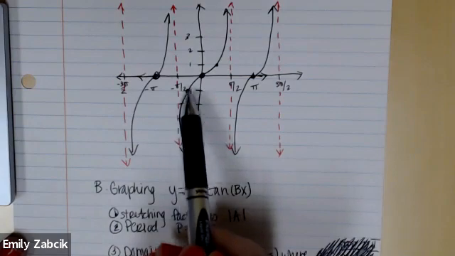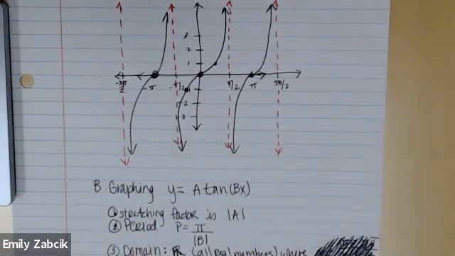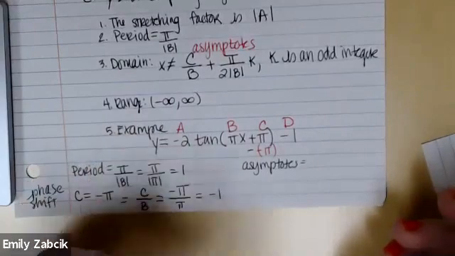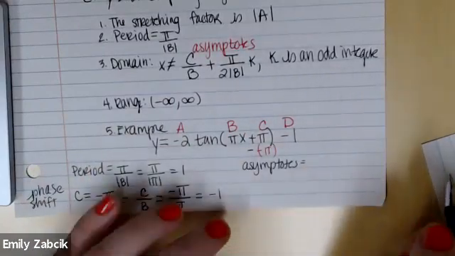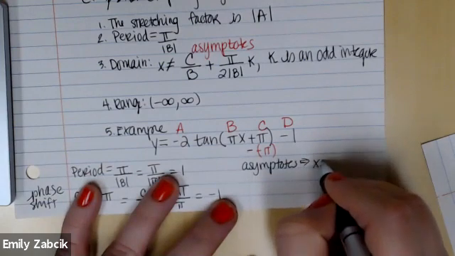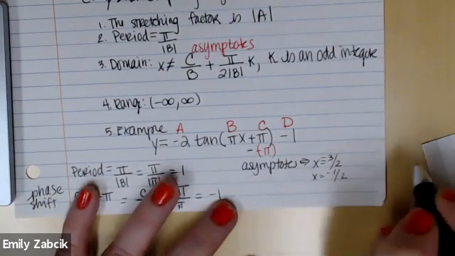But if it gets shifted -1, it's going to take each of these and shift it over 1. And so our new asymptotes are going to be at, we're thinking 1 and -1, but if we shift everything over 1 unit negative, then they're going to be at x equals -3/2 and x equals -1/2.